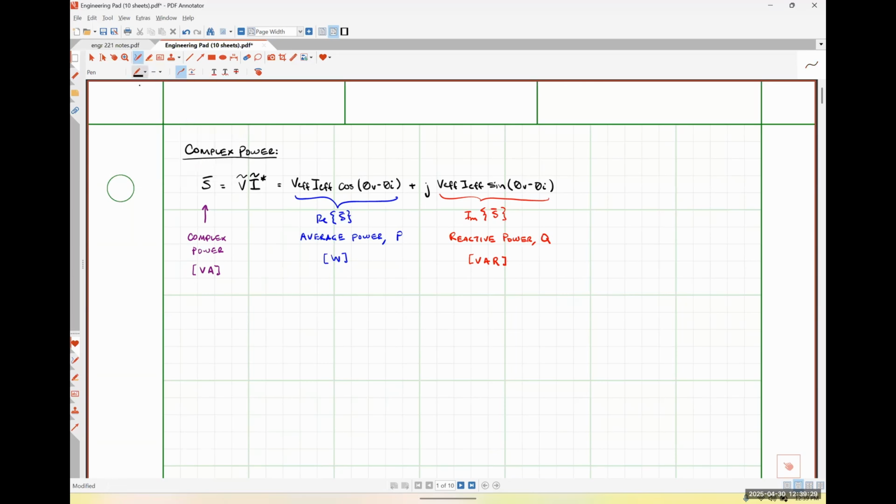So in a more simplified form, we could write this rectangular relationship as simply P plus JQ.